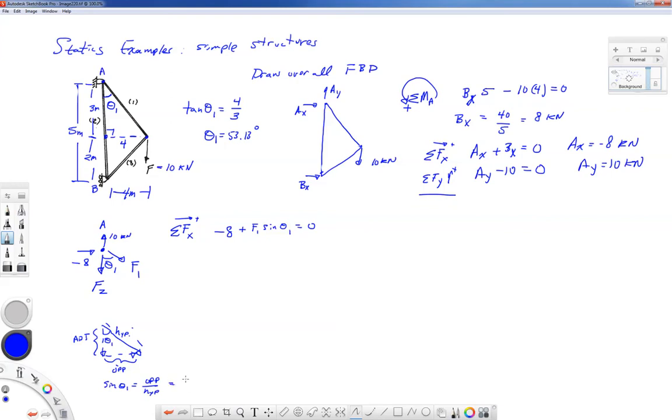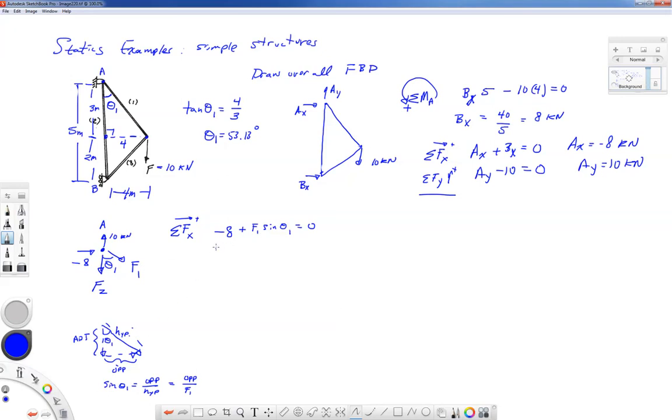Okay, but the hypotenuse is F1. So if we solve this for the opposite side, the one that's in the horizontal direction, the x direction, that's equal to F1 sine theta. All right. So once you get used to doing this, it comes pretty naturally, but if it's been a while, you may need to refresh yourself on that.